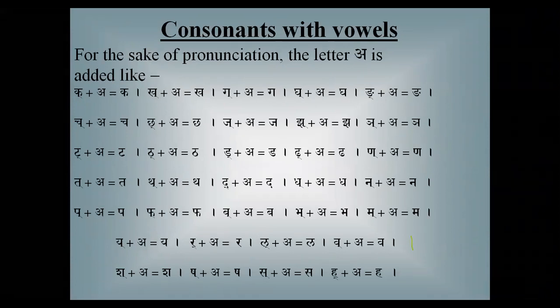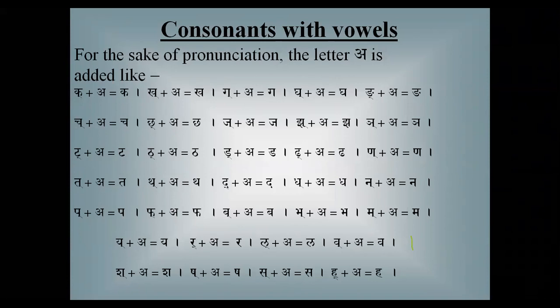Ka can be pronounced now. Similarly, the second letter of the first class plus the vowel a becomes kha. Similarly, ga, gha, nga. Similarly for all the consonants, the pure consonant plus the vowel a equals that consonant which can be pronounced.